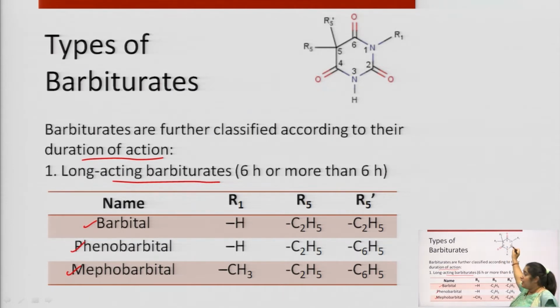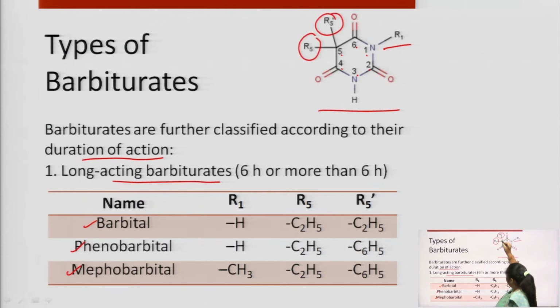general structure of barbiturates. Here we start the numbering from nitrogen, N1, 2, 3, 4, 5 and 6. There are substituent possibilities at position number 1, at the nitrogen, and position number 5.